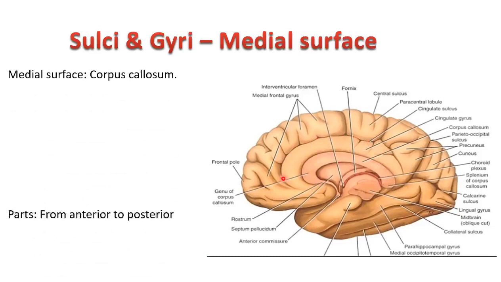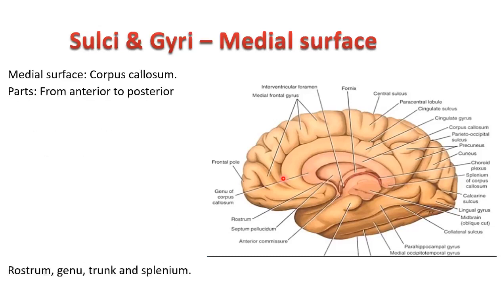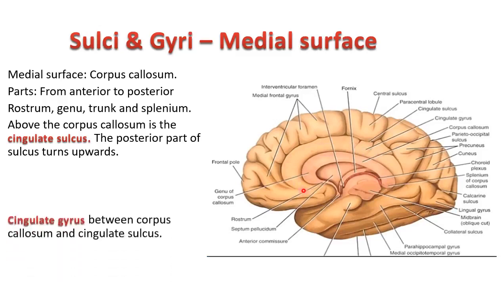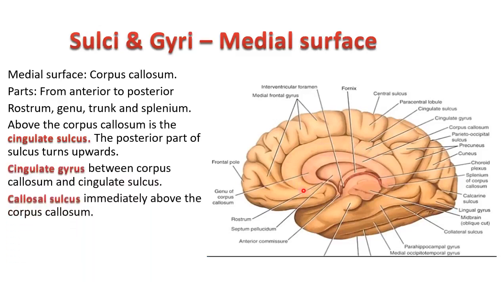The posterior part of the cingulate sulcus again turns upwards. Between the corpus callosum and the cingulate sulcus, you see the cingulate gyrus.